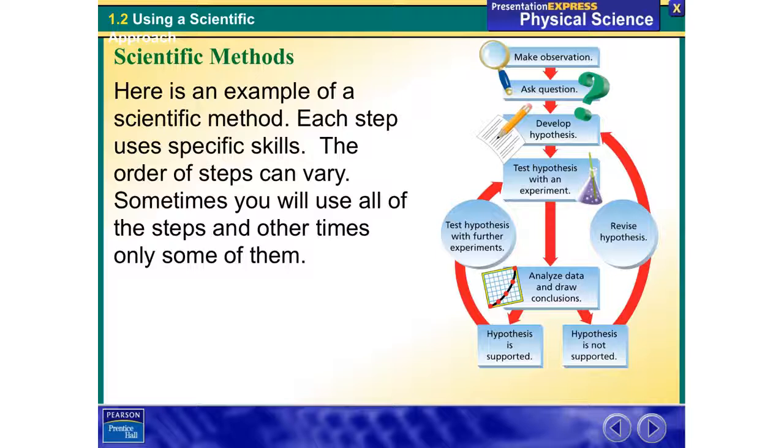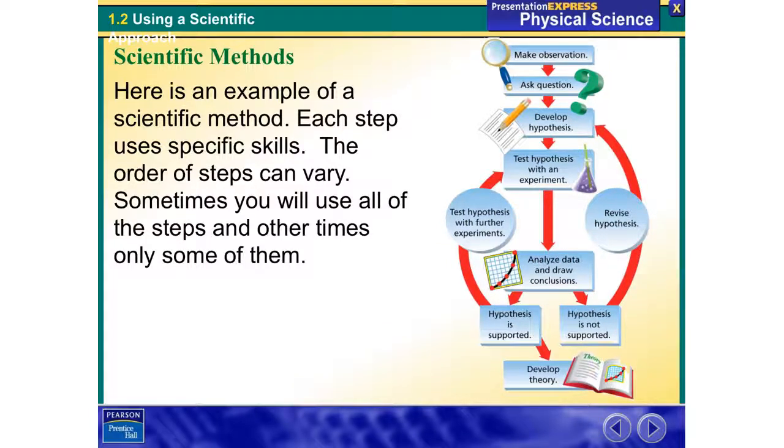If your hypothesis is not supported, though, you would revise your hypothesis, then test your new hypothesis. From there, draw conclusions and determine whether or not your hypothesis is now supported. When your hypothesis is supported many times, then you can develop a theory.